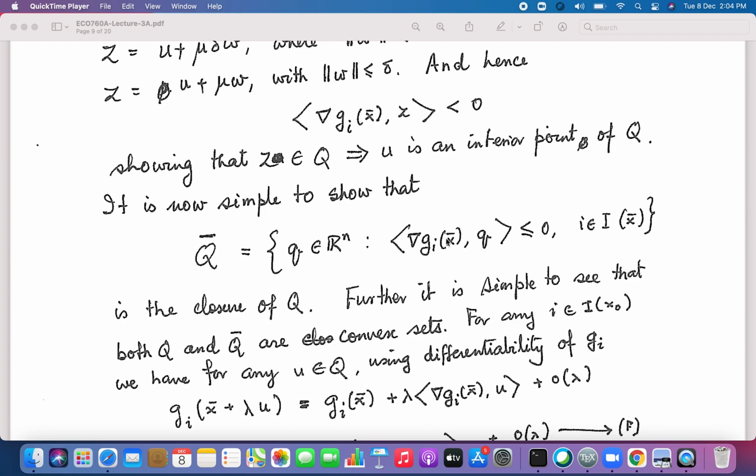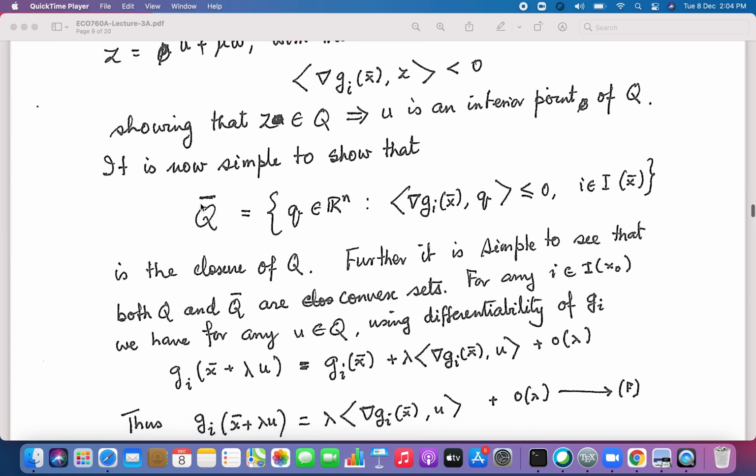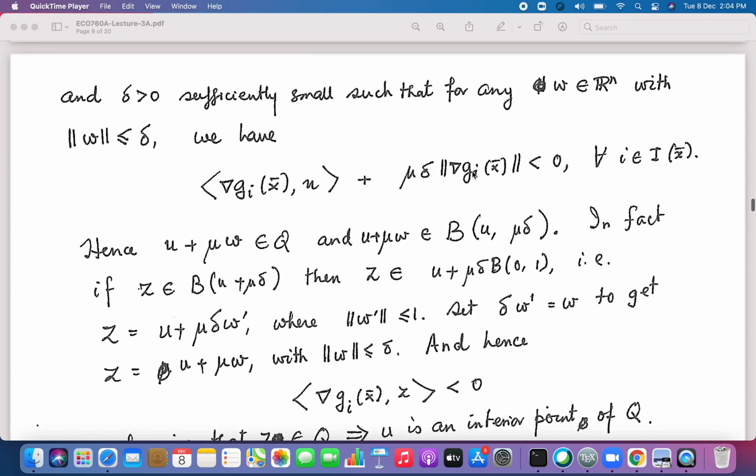Because if you take the interior of the... you can actually show that the interior of Q closure is all elements which satisfy this.